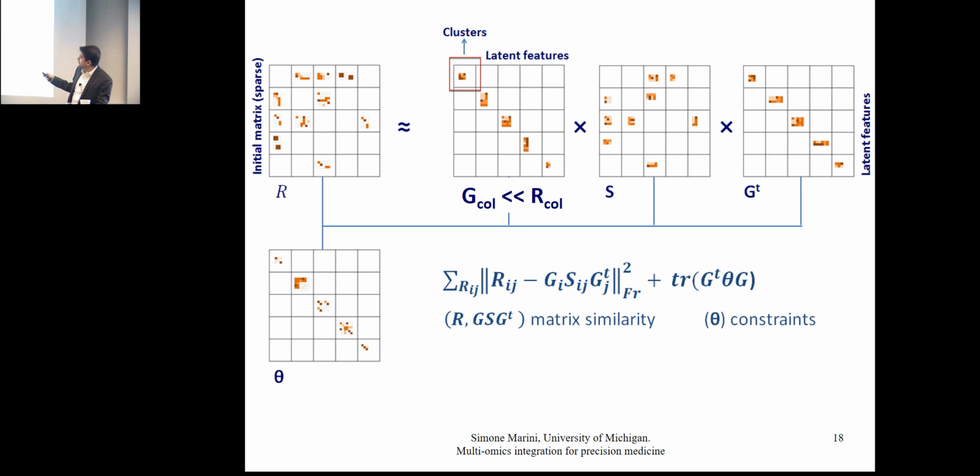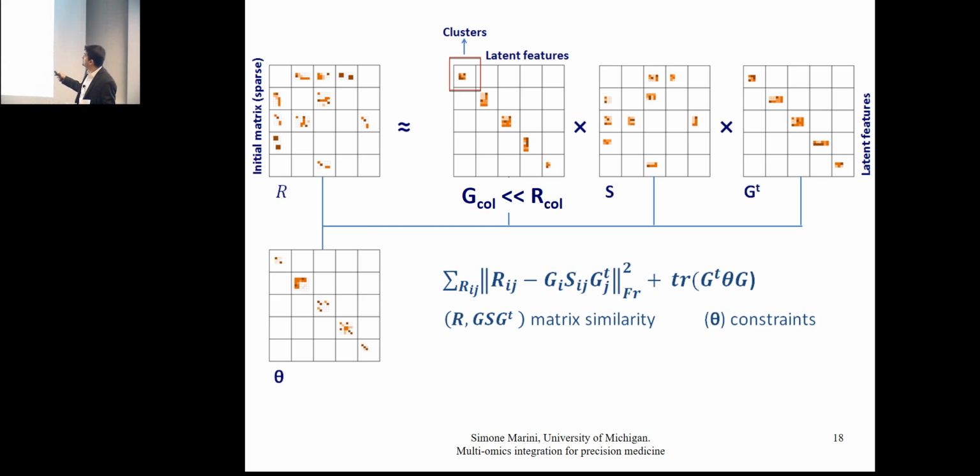The number of columns is way smaller, right? So if I can factorize the information I have here into 3 different matrices that are smaller, it means that I am in principle filtering out all the noise and keeping only the useful information.